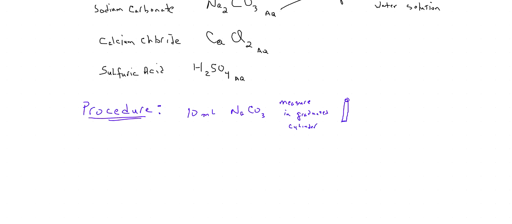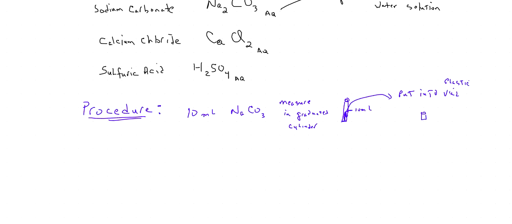We're going to measure out 10 milliliters of this stuff, and then we're going to take that and put it into the little plastic vial. Okay, so now we have that.